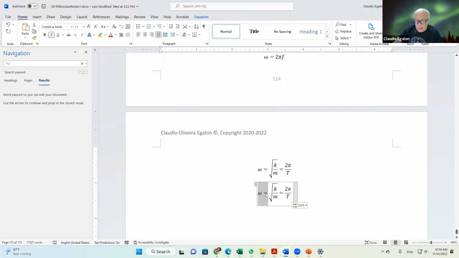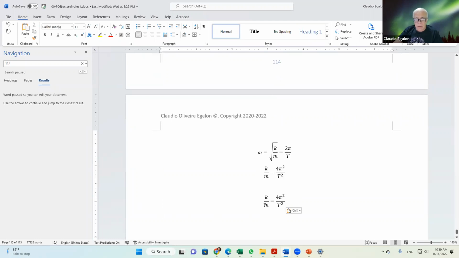We can do something like that. I'm going to square both sides of the equation: 4 pi squared m equals k T squared. We solve for the mass.